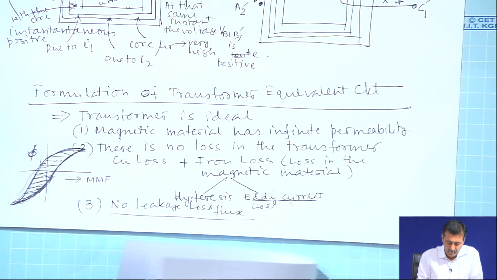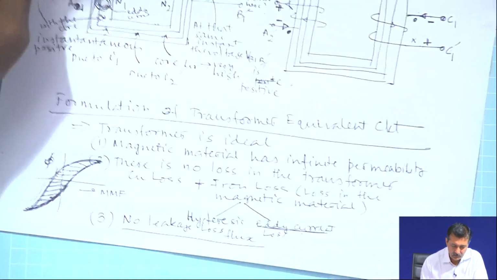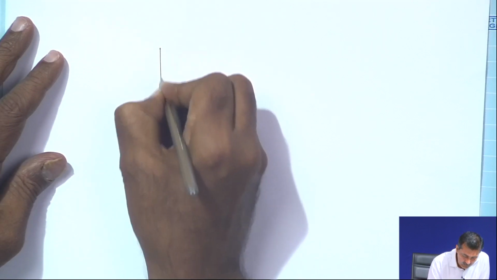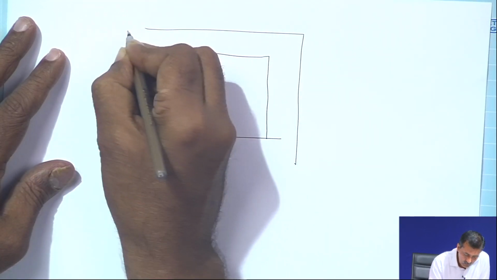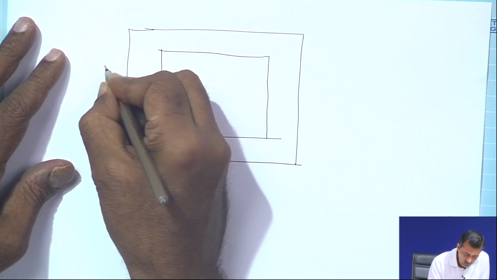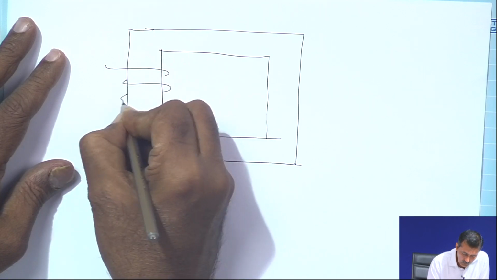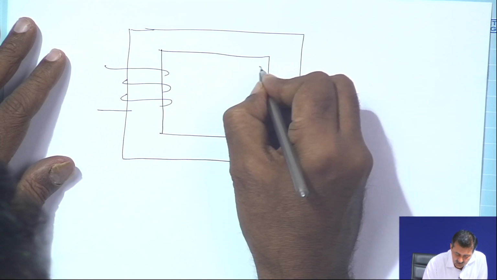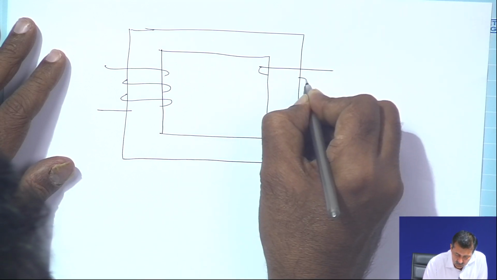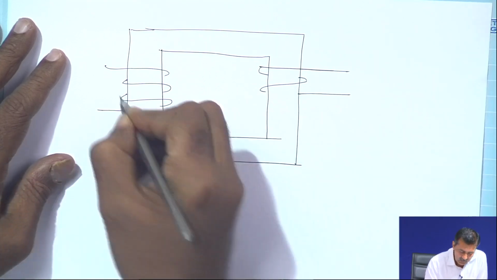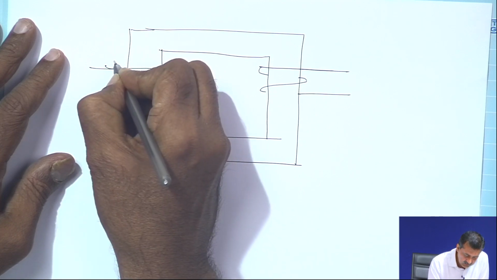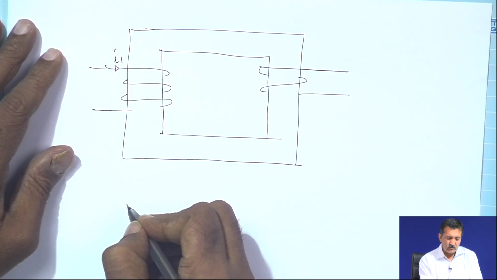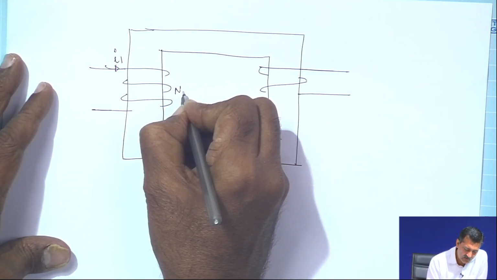Let us say, what is a leakage flux? Suppose there is a coil here, and there is a current I1 in this coil, and this has a number of turns N1.